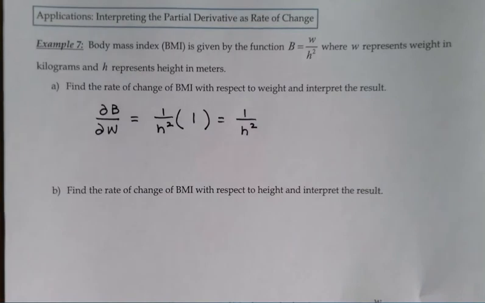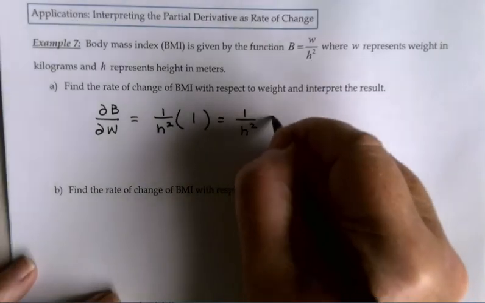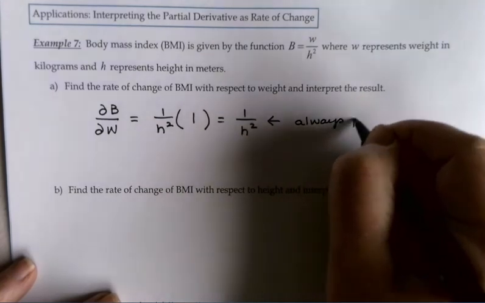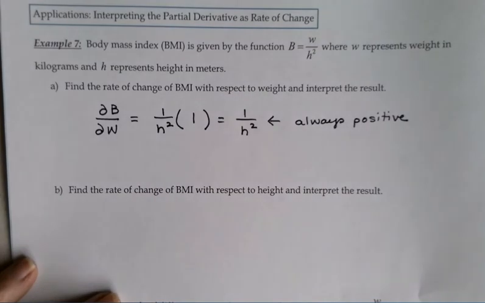As far as interpreting the result, let's think about this for just a moment. If height is being treated as a constant, this thing is always positive, right? H squared, of course, is always a positive value, both because it's squared, but also because people can't have negative heights.